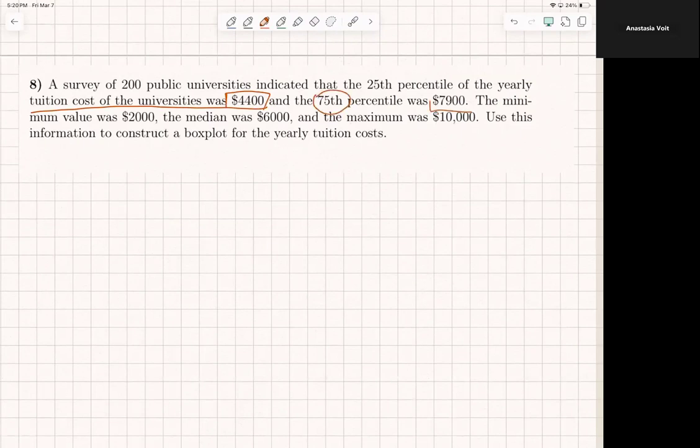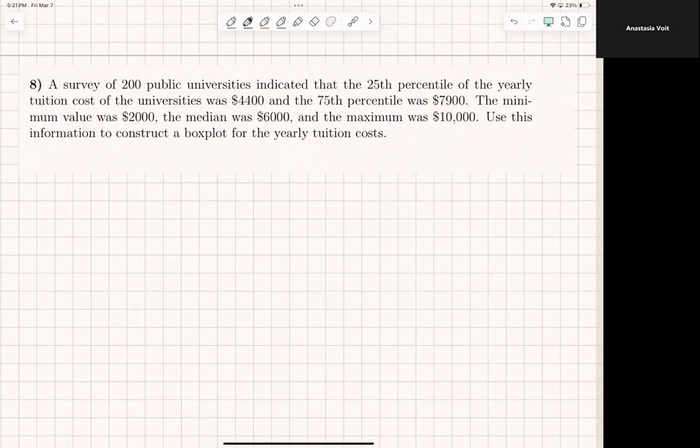The 75th percentile was 7,900. The minimum value was 2,000, the median was 6,000, and the maximum was 10,000. Use this information to construct a box plot for the yearly tuition cost. So in this case, we're just given the information. We don't need to calculate anything. We just need to plot it, right?